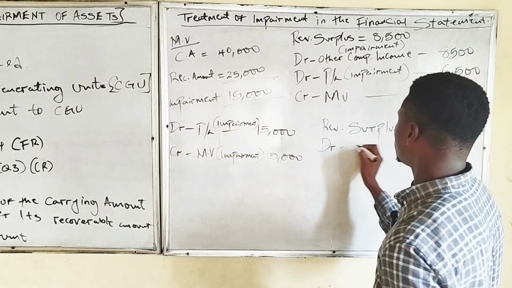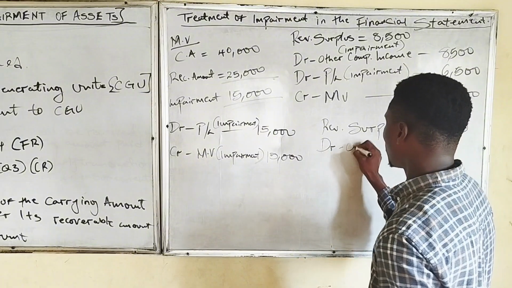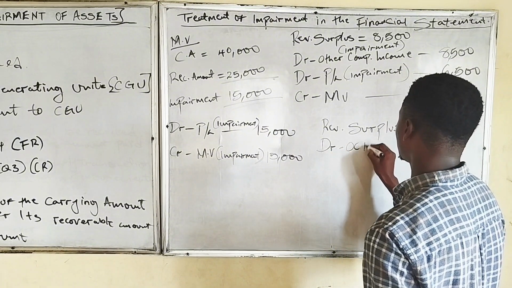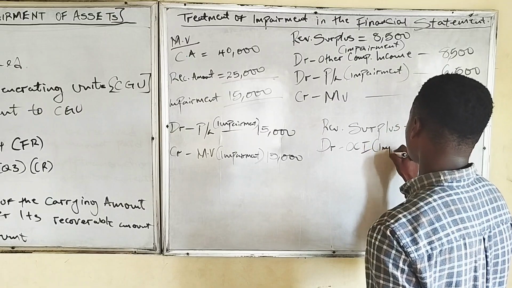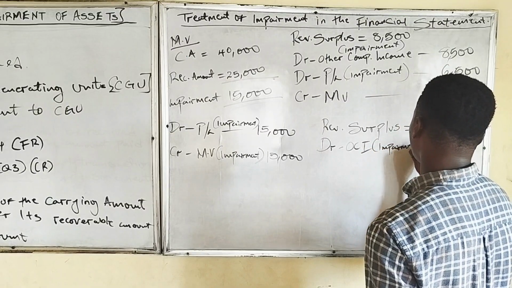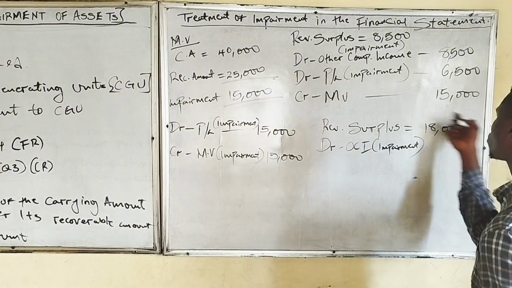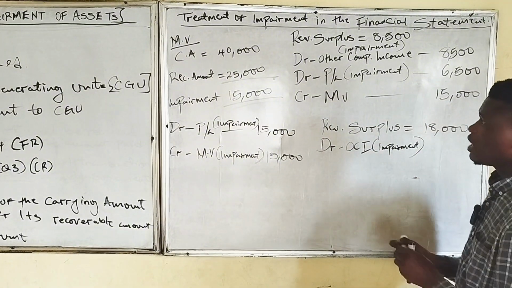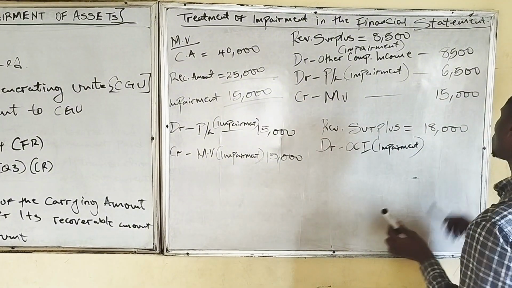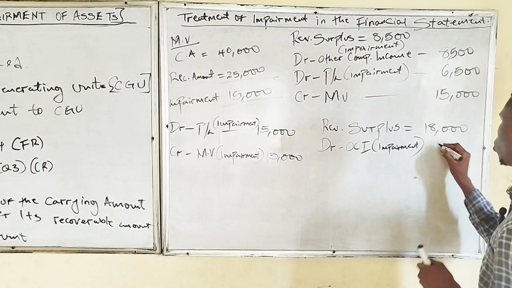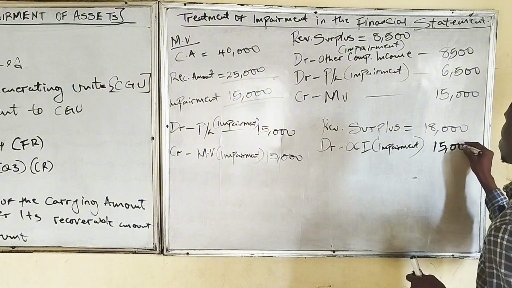So we are debiting other comprehensive income, which is OCI, impairment. So what we have is, since the previous revaluation surplus is 18,000, then we have a current loss of 15,000. The previous 18,000 can accommodate the whole 15,000. So we're debiting it all to it, 15,000.